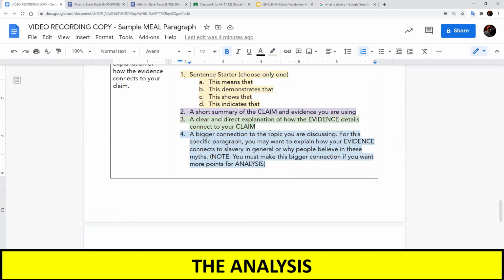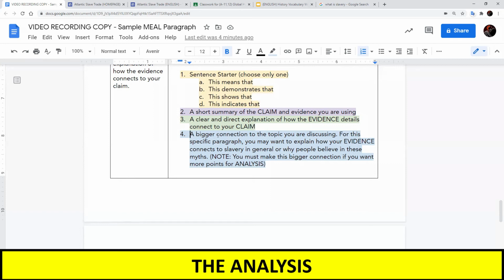All right. And then the last part is you want to try to make a bigger connection to the topic that you're discussing. What I mean by that is that you're making this connection between the evidence and the claim, but you also want to make a connection to the bigger ideas that we're discussing in class at the time.